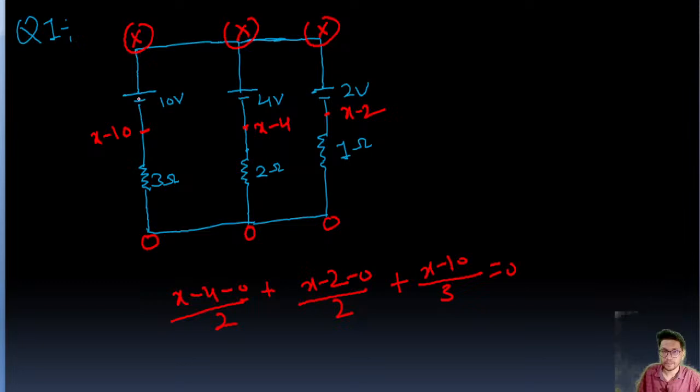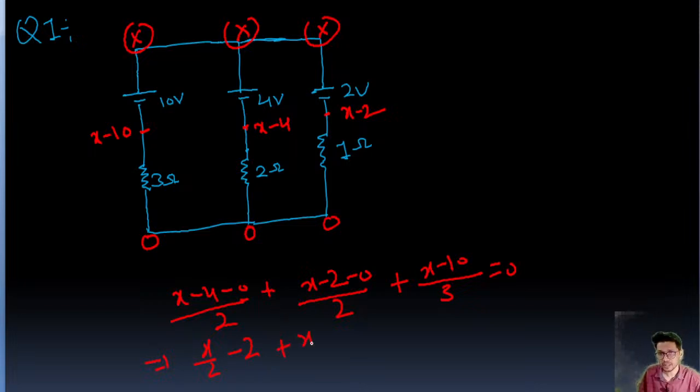Now this is 10 volt, so here the voltage is going to be x minus 10, because that difference gives 10. Similarly, x minus 4 because the difference is 4, and x minus 2 because the difference is 2 volt. So this is the KCL equation by nodal analysis. Now we can solve it, a very simple calculation. So this is going to be x by 2 minus 2.